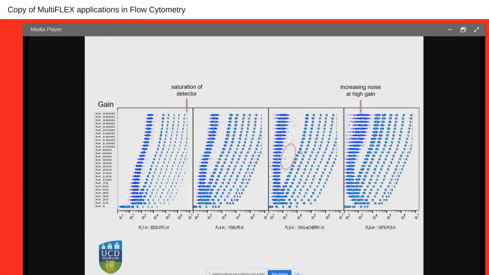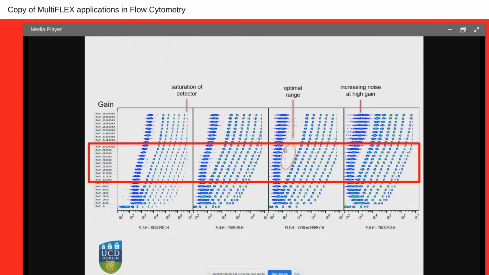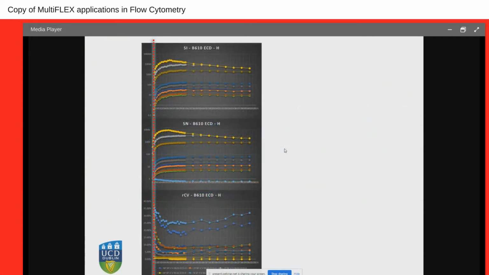What we are looking for are those gains that are right in the middle, those that give us the maximum distance between your negative populations, your dims, and your brights. For that, rather than using the eyes, we can look at the statistics, and we'll try to identify them by using staining index, signal to noise, and robust coefficient of variation, and we'll try to identify which one is the position for that gain.